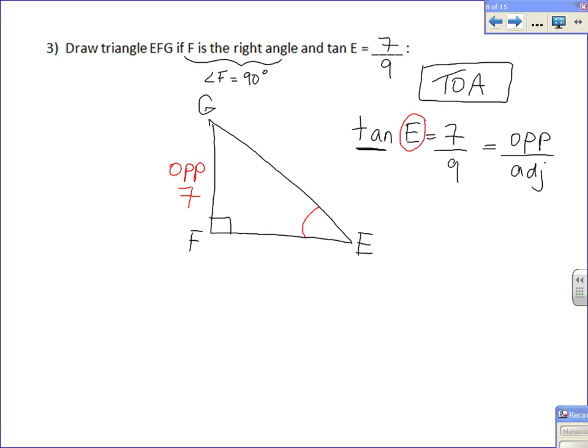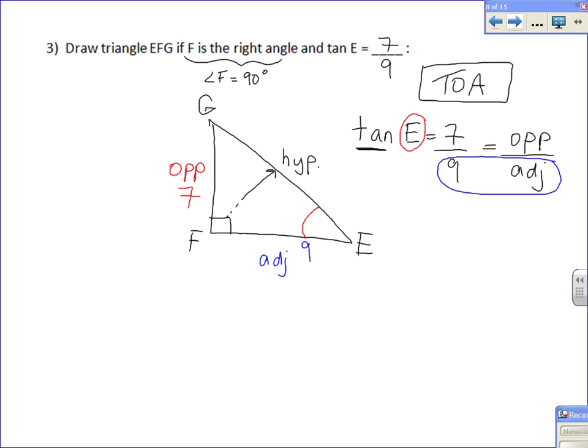I can also immediately label my hypotenuse right here, although I don't know the value of my hypotenuse. Okay, my adjacent side is going to be the leftover side, which is right here. And I know that the adjacent side is equal to 9. Okay, so I've labeled as much information as I can.